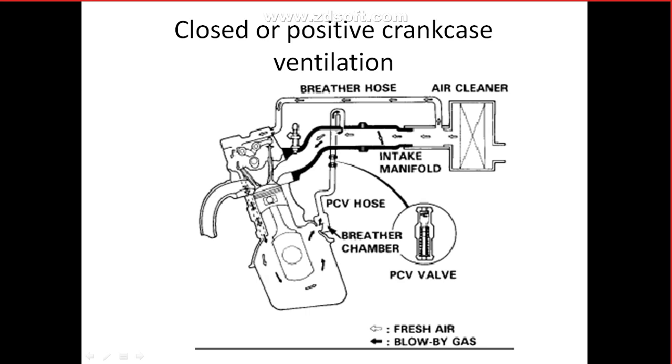So these burnt gases are taken directly to the inlet pipe, mix with the air, and go again to the engine. Like this, any unburnt fuel can be burned again. Like this, crankcase ventilation can also be used to increase the air mass flow.